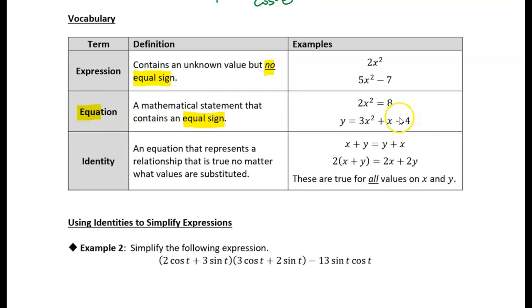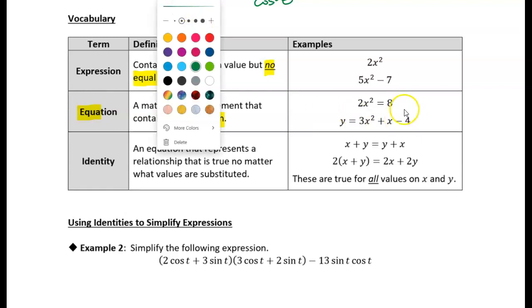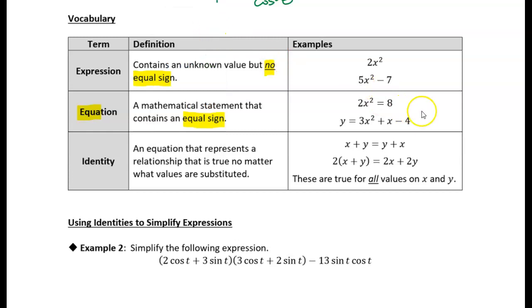The equations shown here in this box are true for only certain values of x. They're not true for all values of x. There are just certain values of x that we can find that make the equation true.